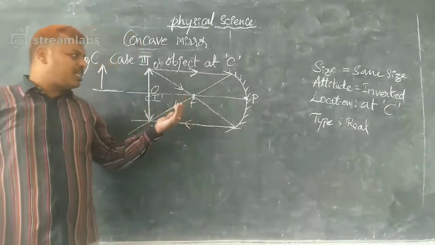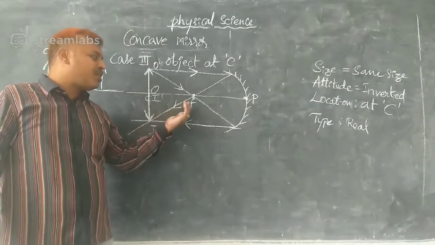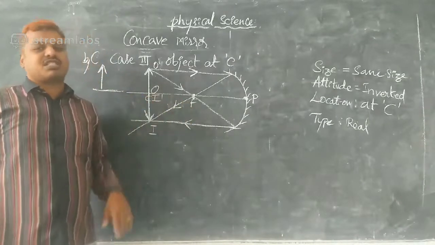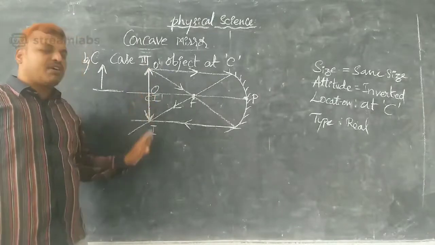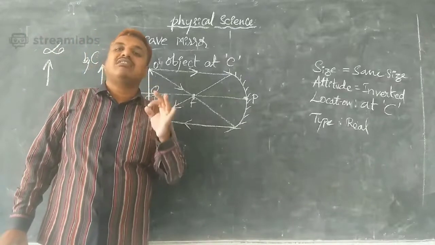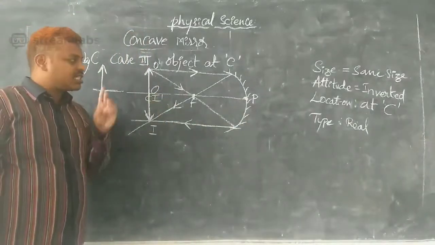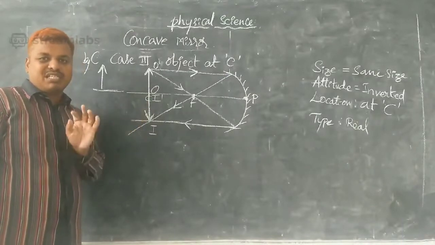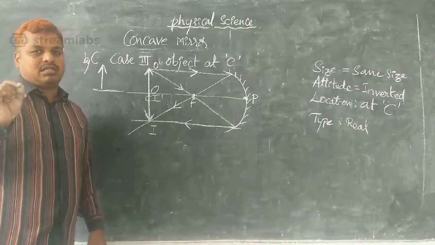The object is placed beyond center of curvature and the image is formed between center of curvature and focus. When I place the object at center of curvature, image is also formed at center of curvature and the size of the image is same. So these three cases, three diagrams, please draw and practice at home, write and learn.